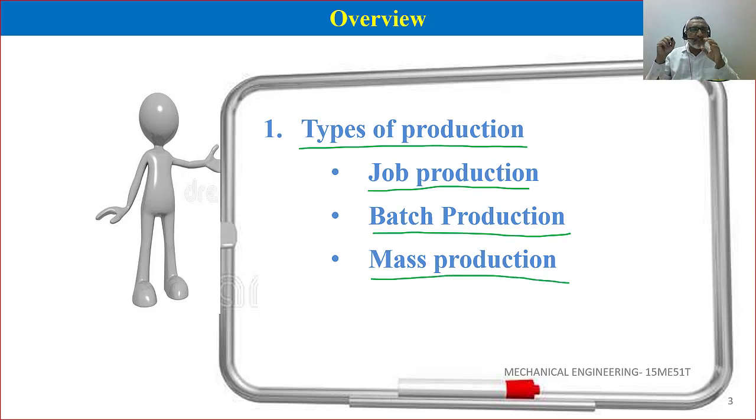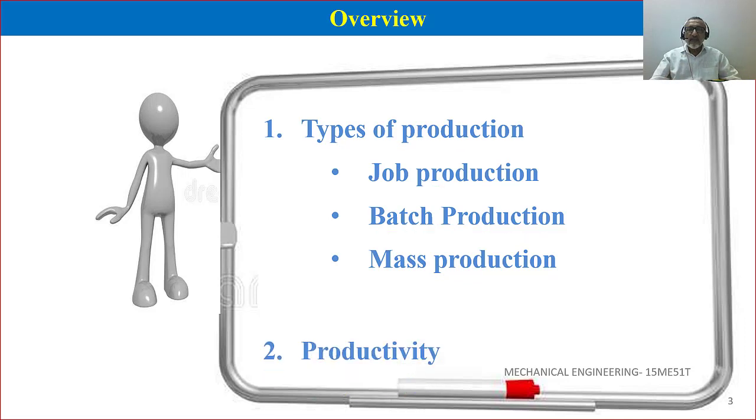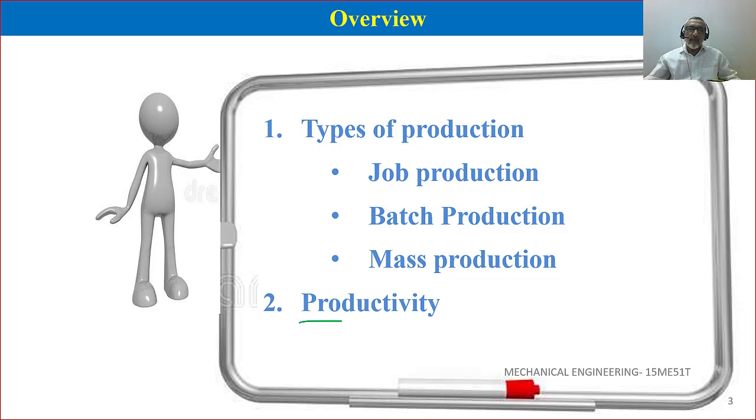Basically, this classification depends on the quantity of production. So what is the quantity which you are producing? Based on this classification, we'll be seeing each type of production and the advantages and disadvantages of each type. Then we'll be discussing another concept, known as productivity. This productivity is slightly different from production.